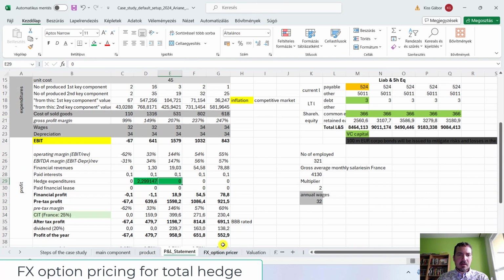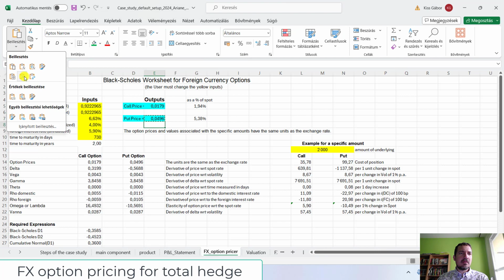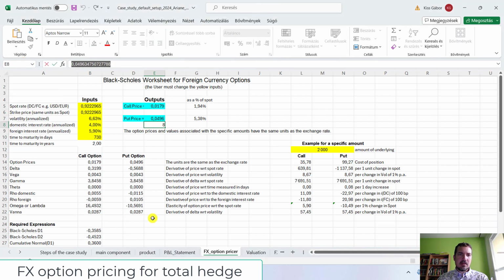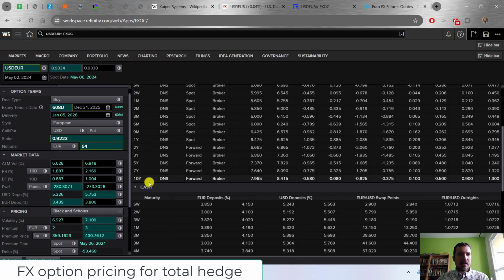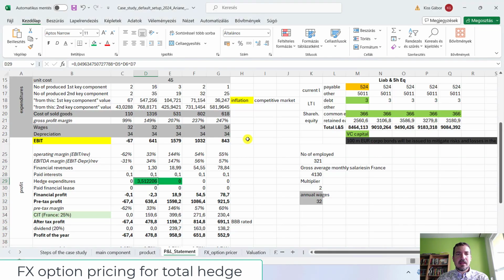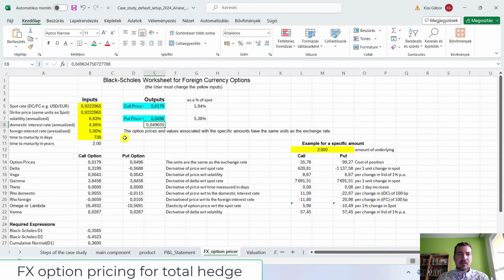Let's keep it here, because it was already 2 years ahead, so without changing anything, the put price must be modified. It will be more expensive because we are going 2 years ahead. Okay, now it's 3. Yeah. Okay, so that's why it's staying there. Okay, and now we are moving forward toward the 3-year option.